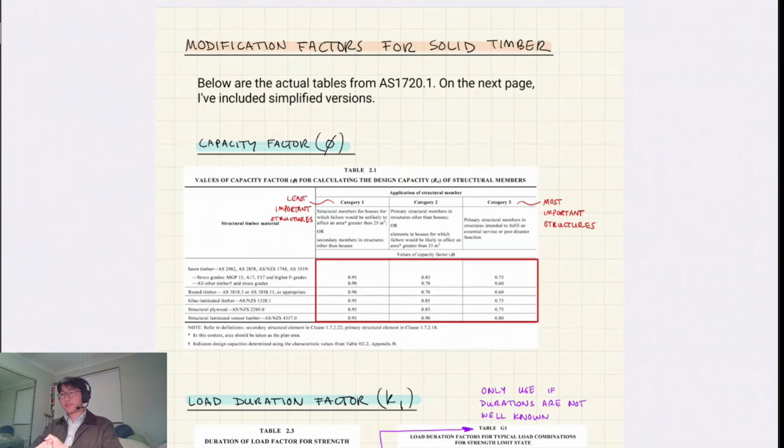If you've done concrete, the capacity reduction factor becomes a little bit more complicated because it's different. There's a formula for the case of bending, where your capacity factor, the phi factor, can vary between 0.65 and 0.85. And how the maths works is the higher this number is, the better it is for your strength, right?